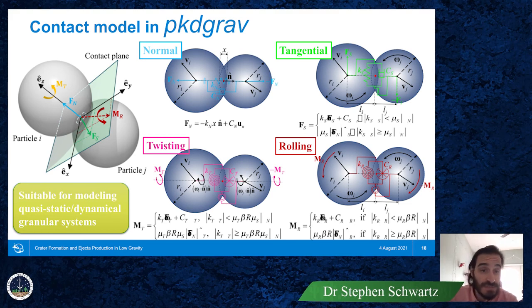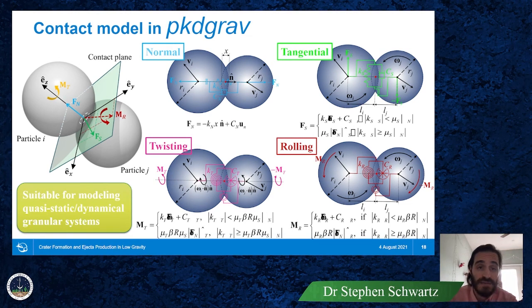I've done some of this before, a couple of years ago, calculating the catastrophic disruption of comets and whether or not they can lead to bilobate comets like 67P.